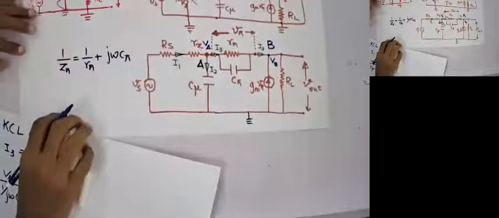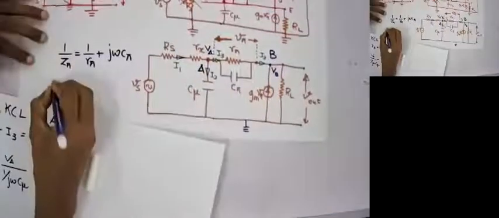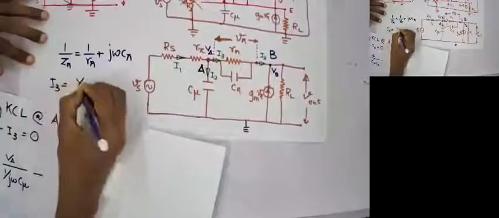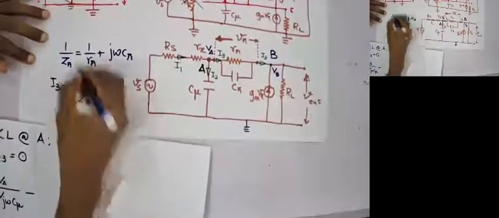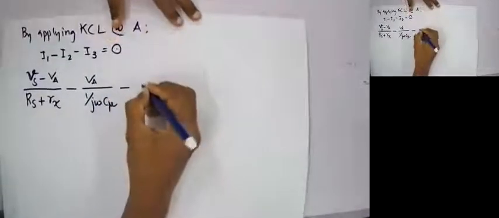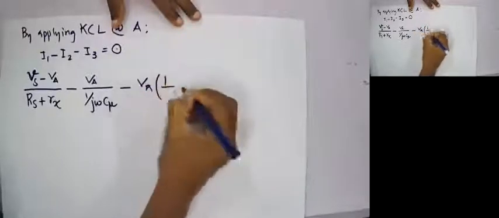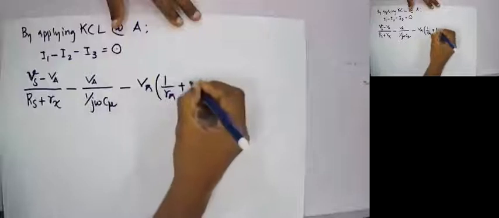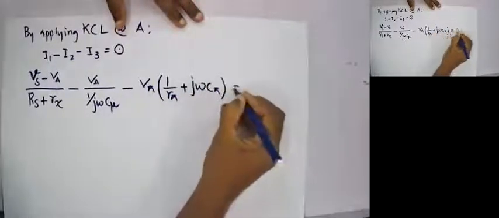So I3 equals V pi divided by Z pi, or V pi into 1 over Z pi. So V pi multiplied by the whole term. Just substitute here, so this will be V pi into 1 over R pi plus j omega C pi equals 0.